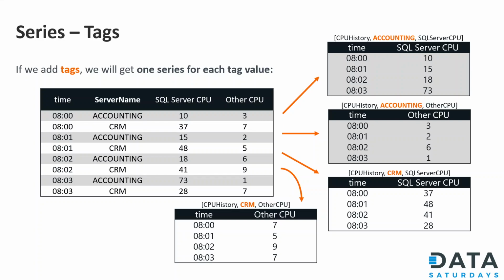So this becomes four separate series: one for accounting SQL Server, one for accounting other, one for CRM SQL Server, one for CRM other CPU. This means that the more distinct values we get for the tags, the more series we will get. And this is a familiar concept if you had to deal with column store data in the past.